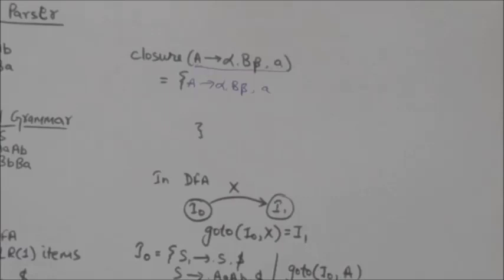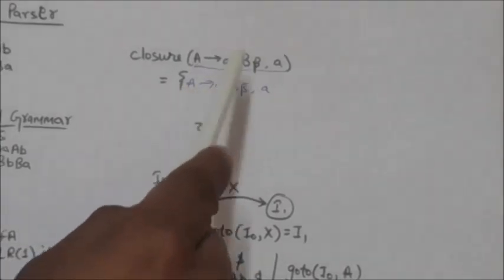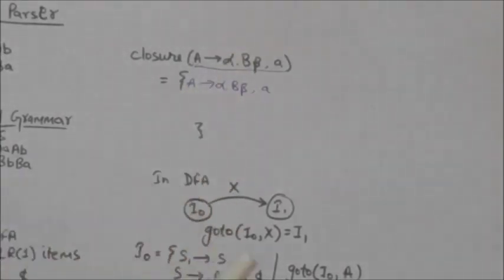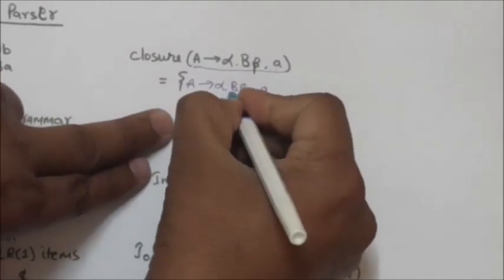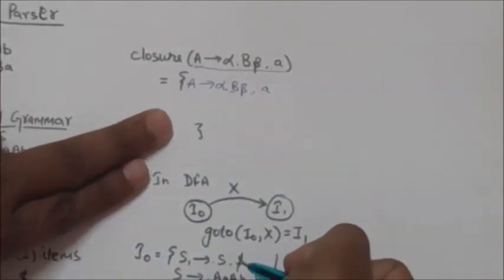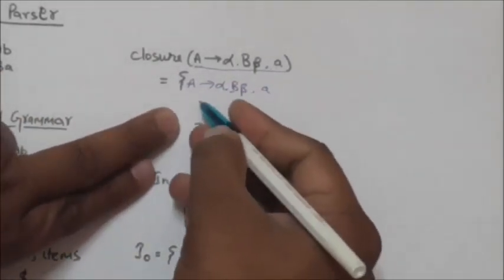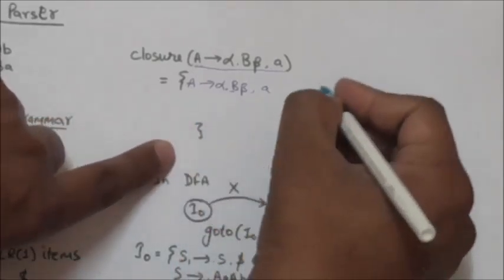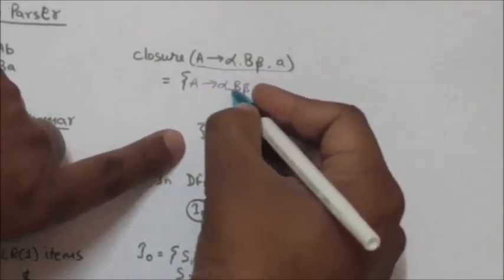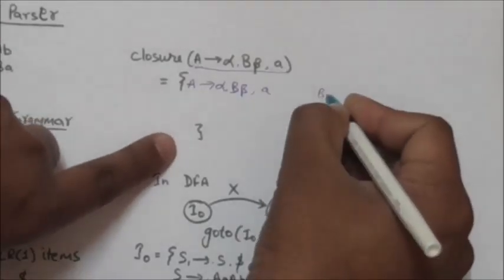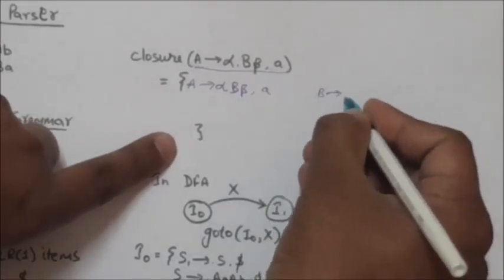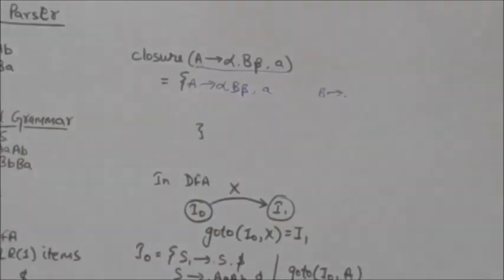Whenever I add an item in this closure, I need to check the position of the dot. If the dot is preceding a non-terminal symbol, then I will add to the closure all the items in which this non-terminal following the dot is on the left side, and on the right side the dot is at the leftmost position.